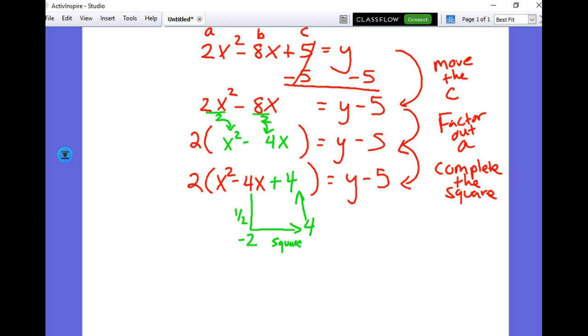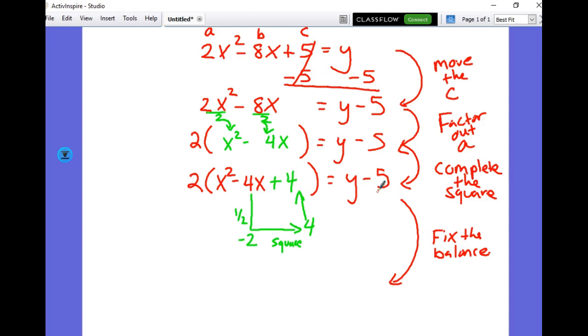The next step is to fix the balance. So what do I mean by that? Well, I added a number on this side, which means that this whole side now is not going to be equal to this side anymore, because whatever you do to one side, you have to do to the other if you want them to stay balanced.